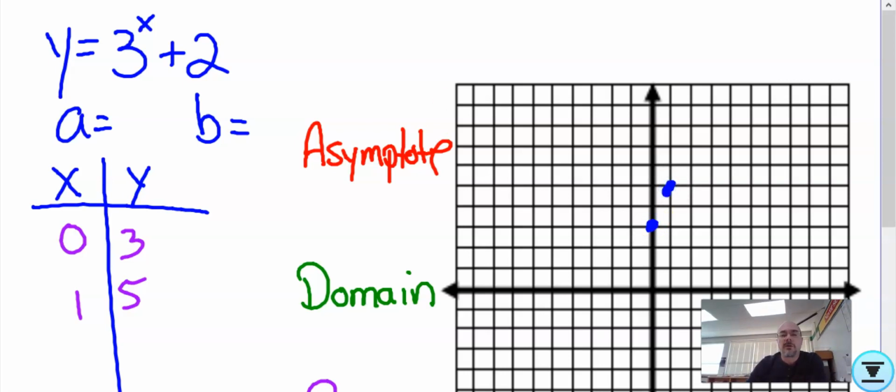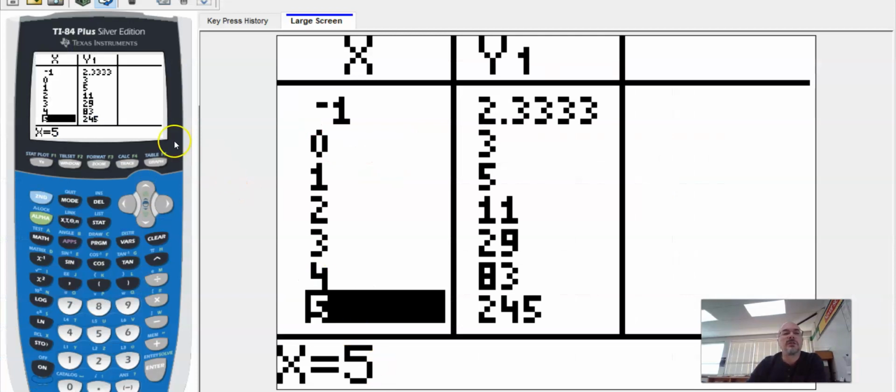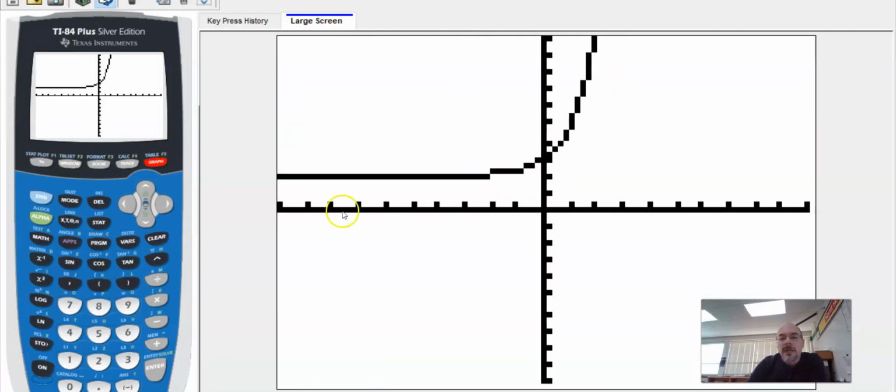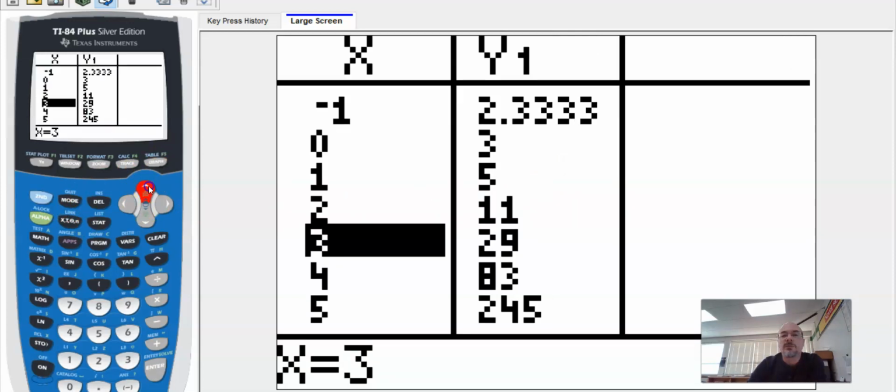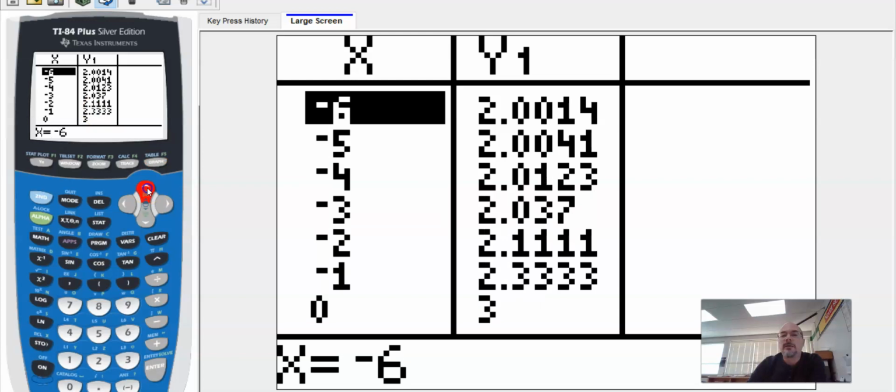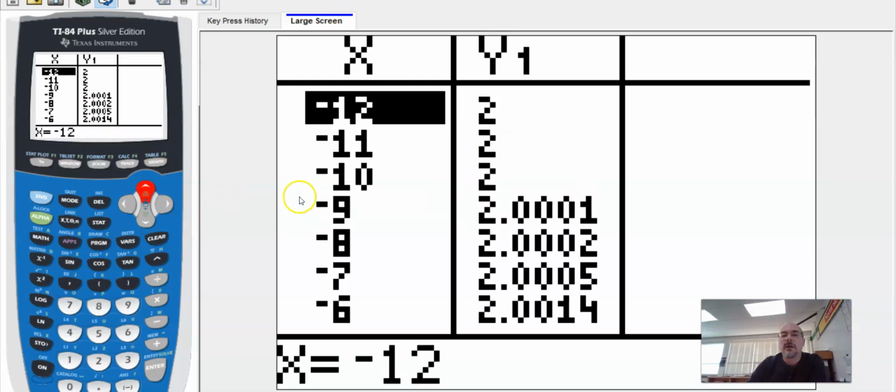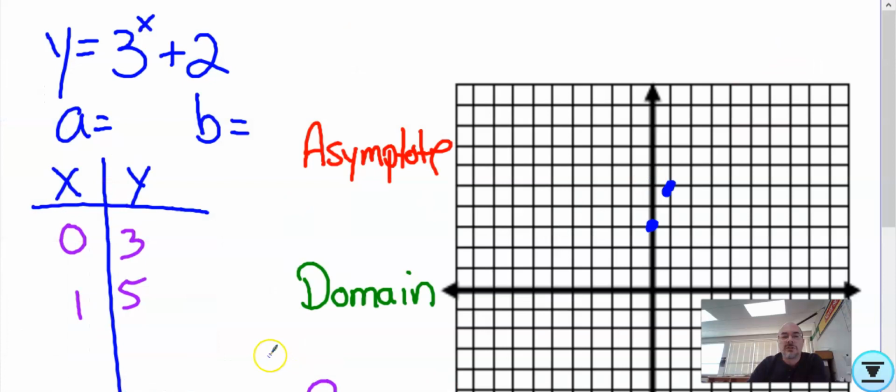And when I look at that graph, ladies and gentlemen, and when I looked at the table, remember how it was not changing when I got to a certain spot? Okay, the y values. Okay, look right there. So it looks like, ladies and gentlemen, that the asymptote is right here, at y equals 2. Okay, so when I graph this, I do not cross that line, and I do that little bit right there.